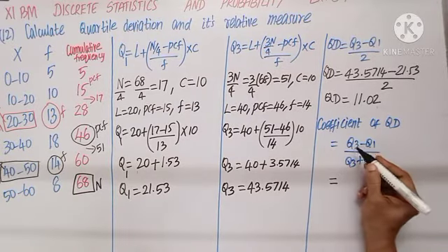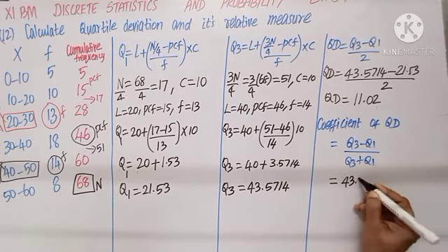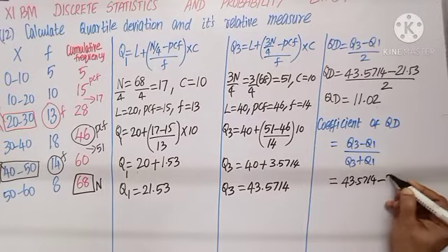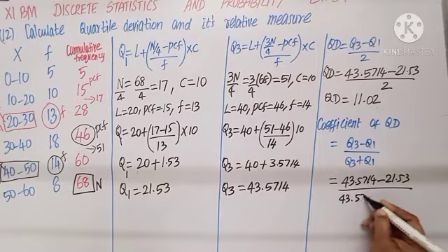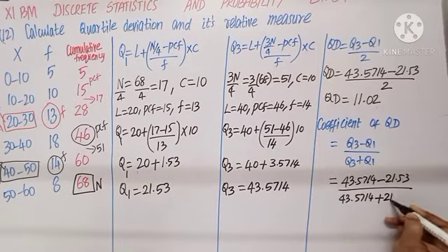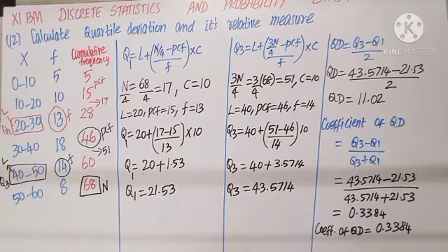The formula is (Q3 minus Q1) by (Q3 plus Q1). That is (43.5714 minus 21.53) by (43.5714 plus 21.53). As we simplify, we get 0.3384. So the coefficient of quartile deviation is 0.3384, and hence the problem is done.